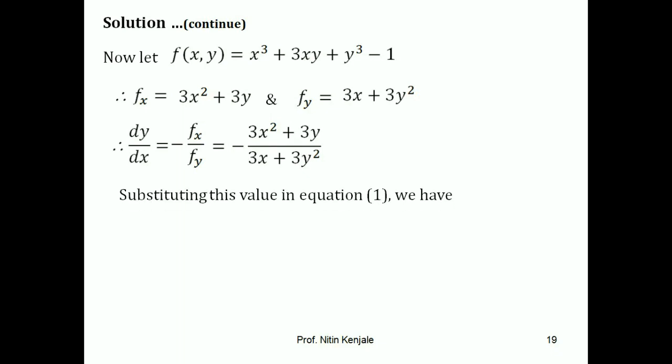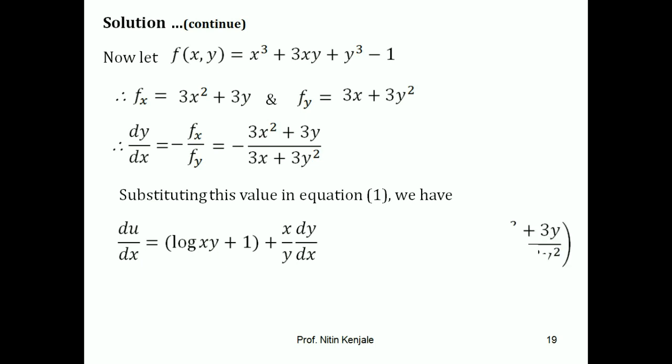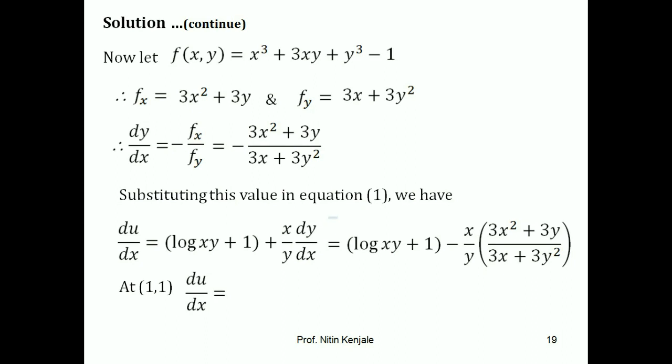Now substituting this value of dy/dx in equation number 1, which is du/dx is equal to log of xy plus 1 plus x by y into dy/dx, we get log of xy plus 1 minus x by y into (3x square plus 3y) divided by (3x plus 3y square). At the particular point (1, 1), du/dx becomes 0.